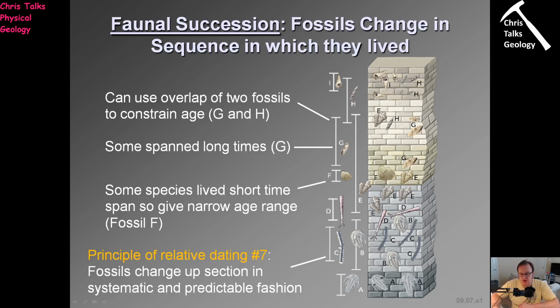So I know what fossils I should expect in Cambrian age rocks. I know what fossils I should expect in Ordovician rocks, in Silurian rocks, Devonian rocks, etc. So if I find the right fossil, that instantly tells me the age of the rocks I'm looking at. And that's it. That's all the principle of faunal succession really says.